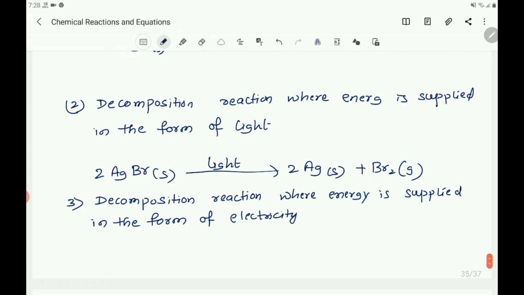You know the example, electrolysis of water. Water is decomposed into hydrogen and oxygen by passing the electric current. So you write electricity.